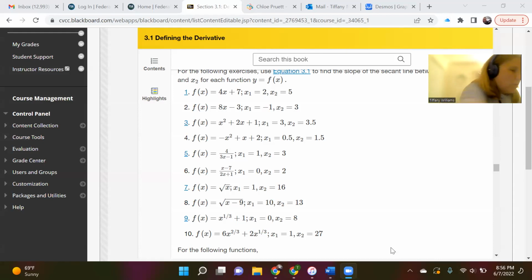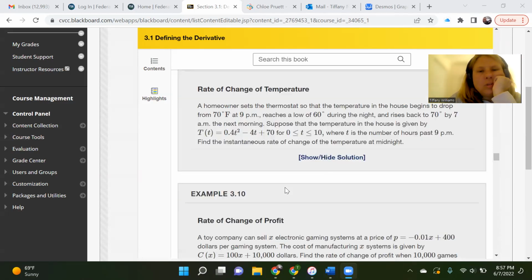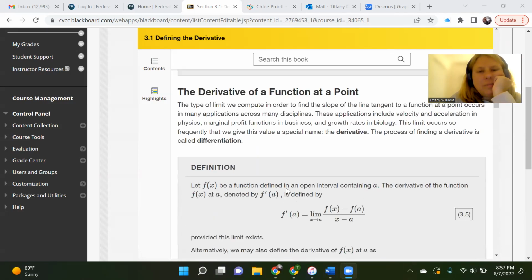Let me see what 220's got on about it. Okay, so on 220, we're talking about the derivative here.